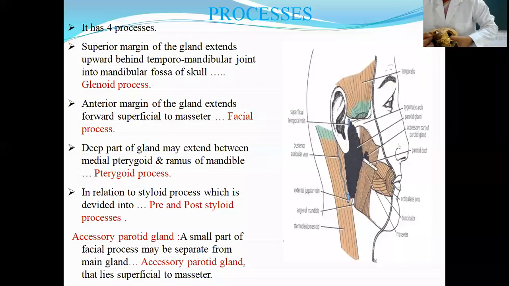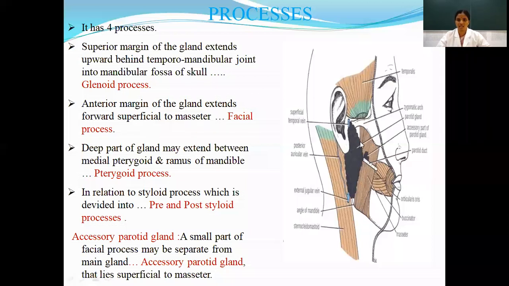That is nothing but the glenoid process. It is a process of the parotid gland. By this glenoid process, the articular part of the temporomandibular joint is separated from the tympanic plate.